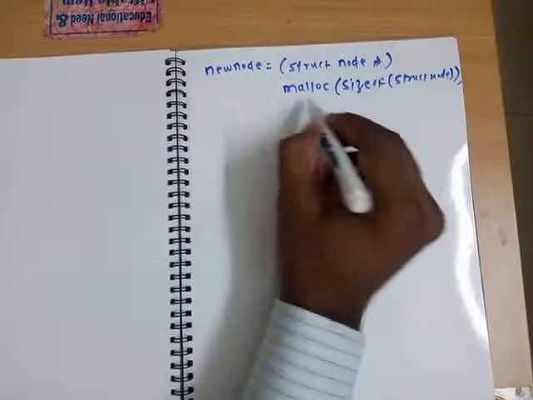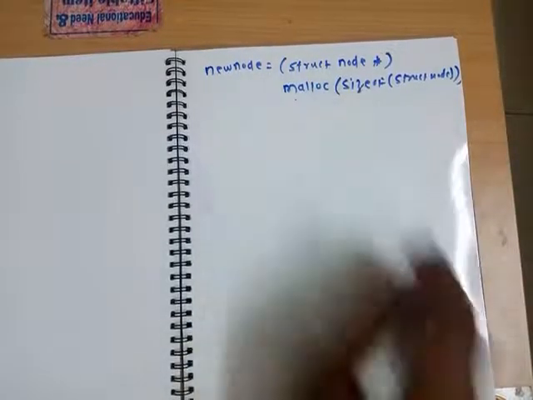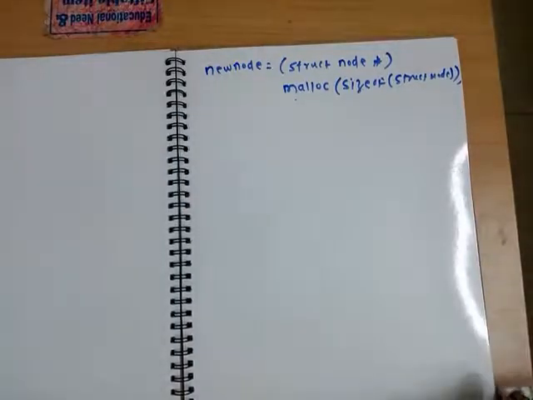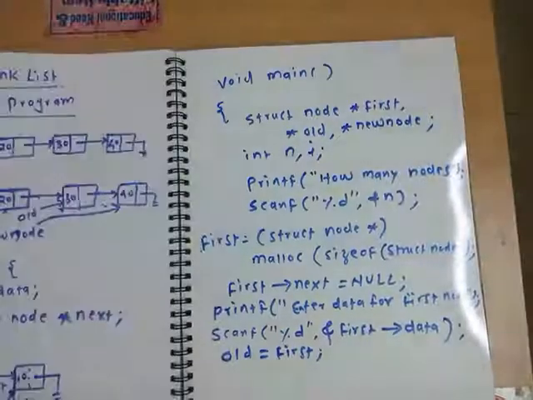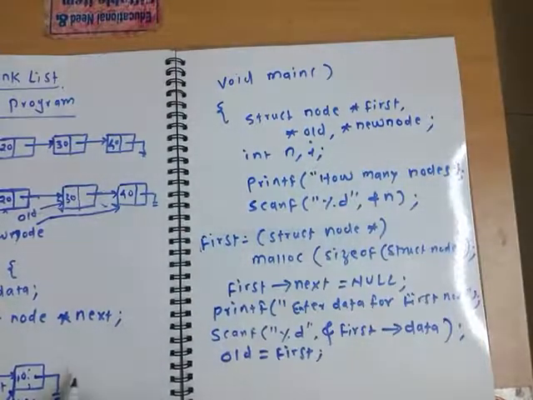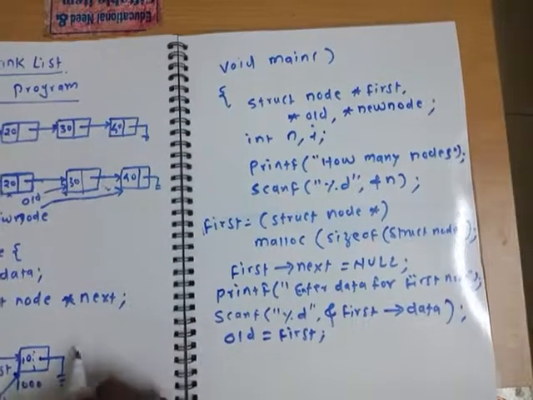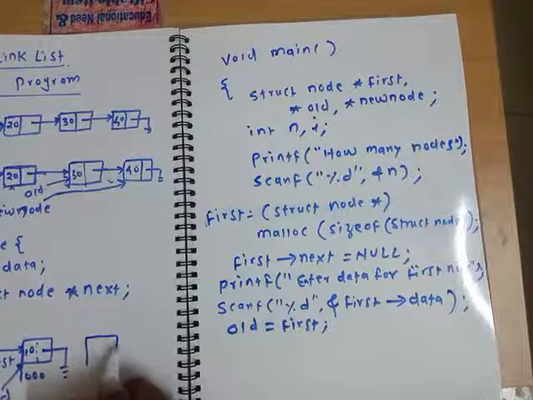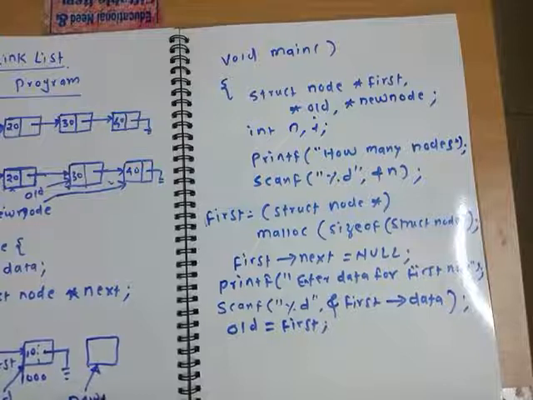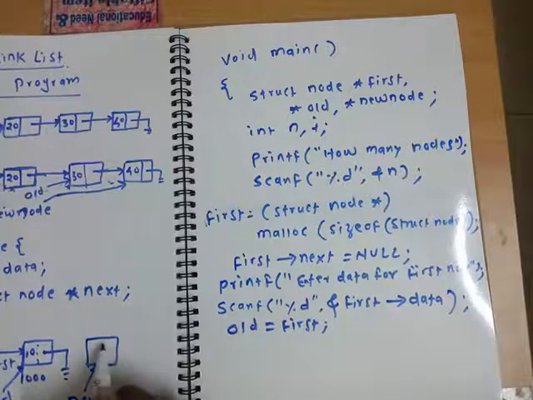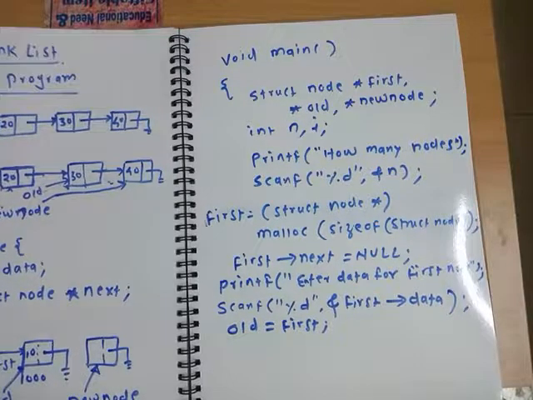Right. So malloc will reserve memory and it will return that memory address to us, and we will store that address in the new node pointer, which we have already declared here. In fact, the situation will be like this. Because of new node, we'll get memory, and that memory will be pointed to by the new node pointer.